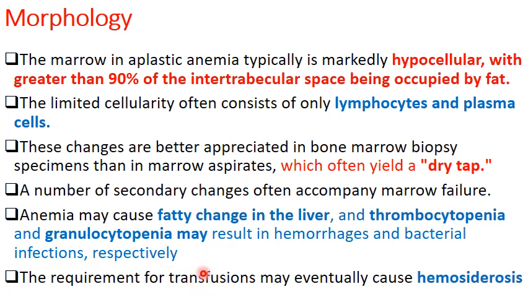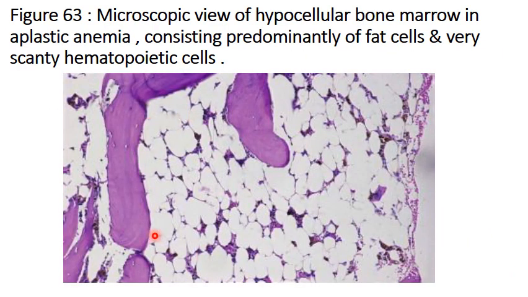Requirement of the transfusion, because there is depletion of all elements of the blood, so it needs repeated blood transfusion, which eventually may lead to hemosiderosis. This is a bone marrow showing the hypocellular bone marrow.